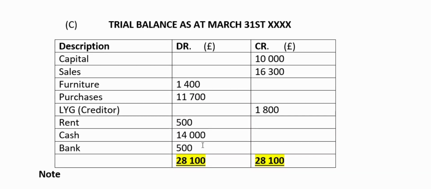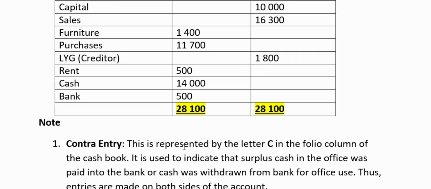Now from the ledger we can as well prepare another statement which is called the profit and loss account or income statement, as well as the balance sheet. But that will be in our next lesson or discussion.